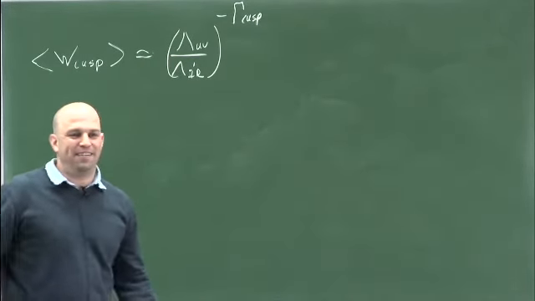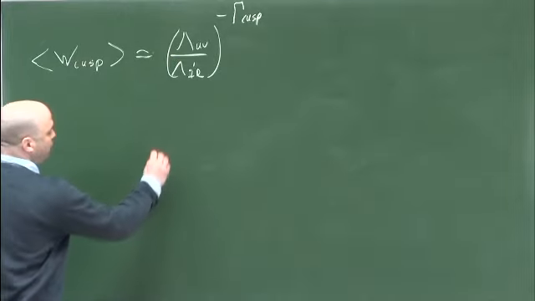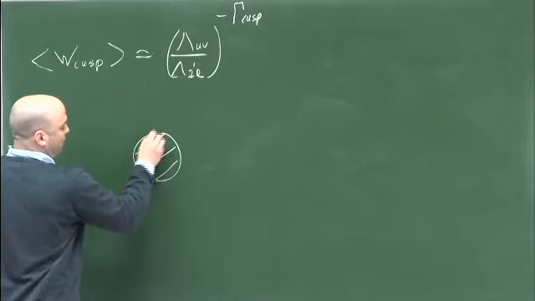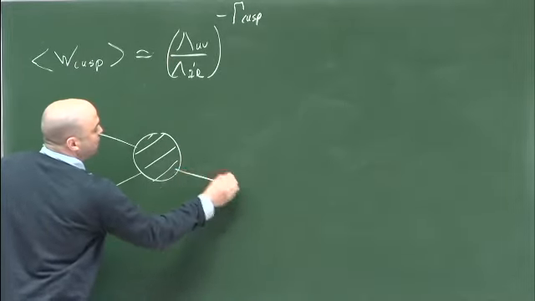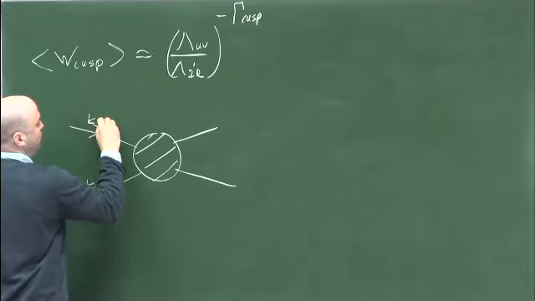Since this is a workshop on amplitudes, the same gamma cusp also appears in the computation of scattering amplitudes. Suppose one considers the process of computing some scattering amplitudes of massive particles, let's say here, K1, K2, and so on.